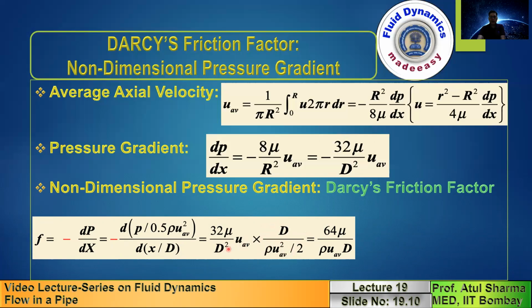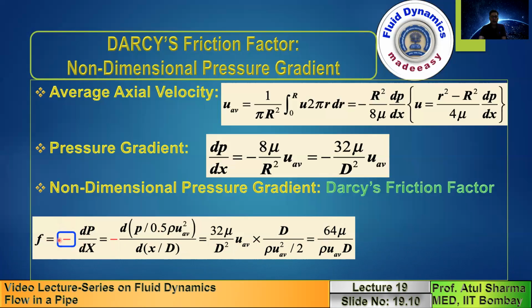In the denominator, you have d square, here you have d, so d cancels down and in the denominator you get d. Whereas this has u average square and here you have u average, so in the denominator you get u average. So you get 64 mu by rho u average d, and this rho u average d by mu is the Reynolds number. So basically f is equal to 64 divided by Re, that's what you obtain.